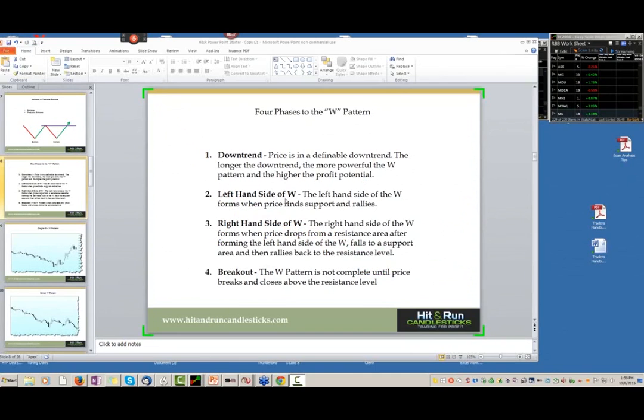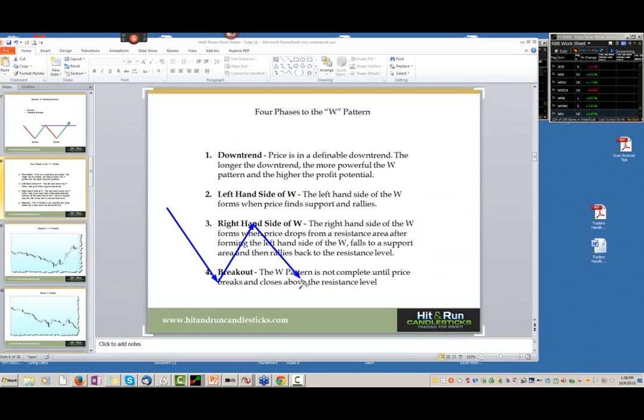Now, the left-hand side of the W pattern forms when price, I'm sorry, when price finds support and rallies. So it's all about that support. Let's make that blue. So we come down, and then we move up. This would be our left-hand side.